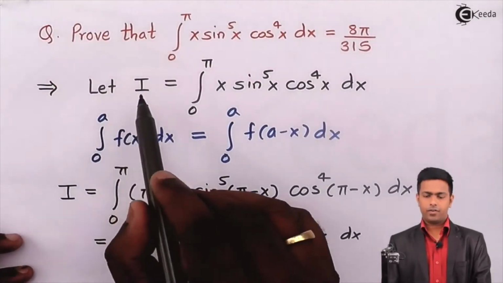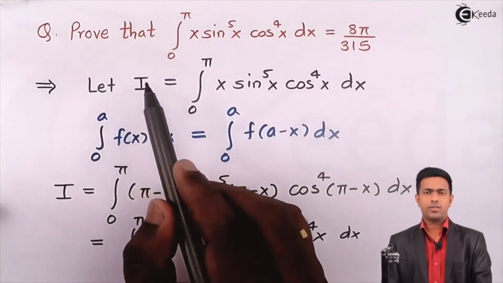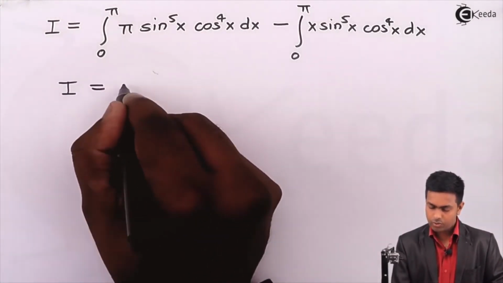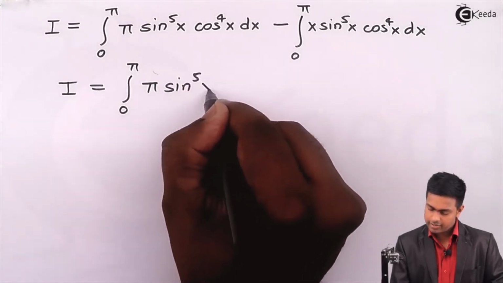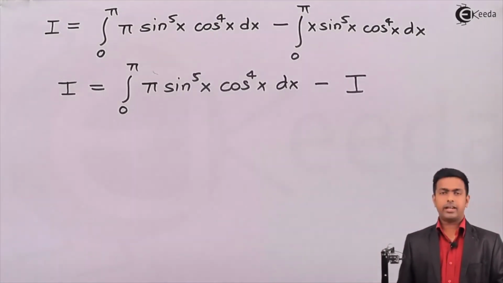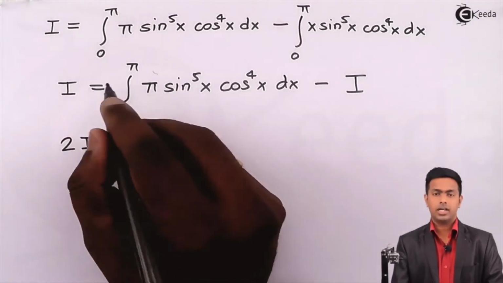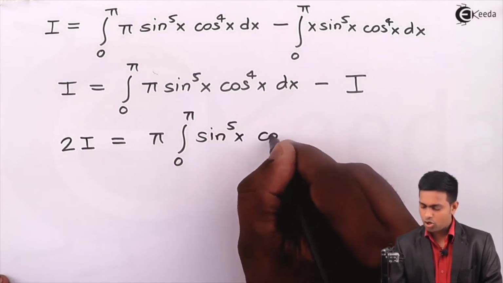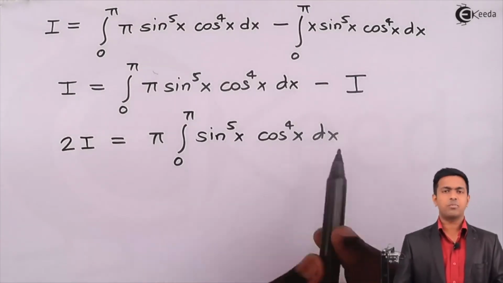We started from here and we got the same integral here, which we considered as I. So the second integral is I. So this becomes I is equal to the integration 0 to pi of pi sin^5 x cos^4 x dx minus I. Now we can take this I to the left hand side, which becomes 2I equal to pi, which is outside, times the integration from 0 to pi of sin^5 x cos^4 x dx. And now guys, we have succeeded in removing that x from the integration.